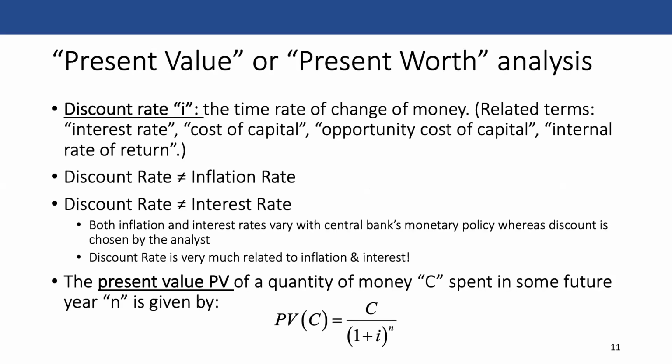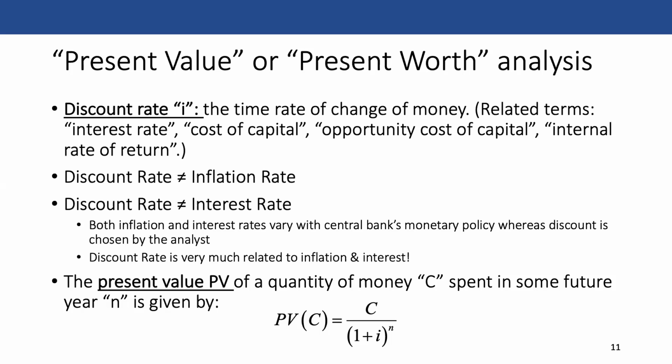Okay, so what does this mean? There is a type of economic and financial analysis called present value or present worth analysis. The concept of the time varying value of money is known as discounting, and it takes this concept called discount rates, which is essentially an index for the rate of change of the value of money.